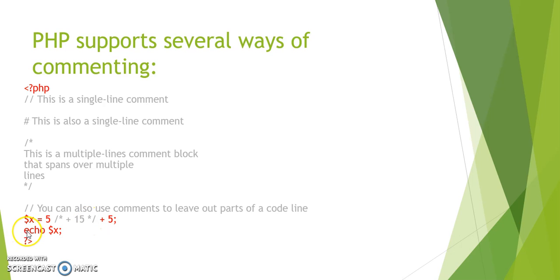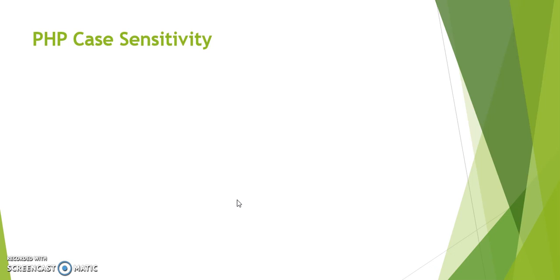At the end of the day, we have echo 5 plus 5, and then the result will be 10. Very simple like that. We are using the multiple line comment because we are starting somewhere and then we want to end it somewhere. Alright, so that's that. Let's go ahead and see the next lesson.